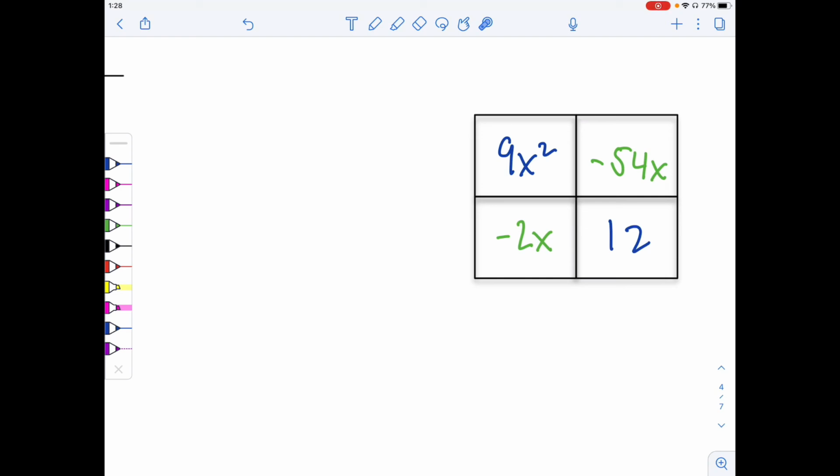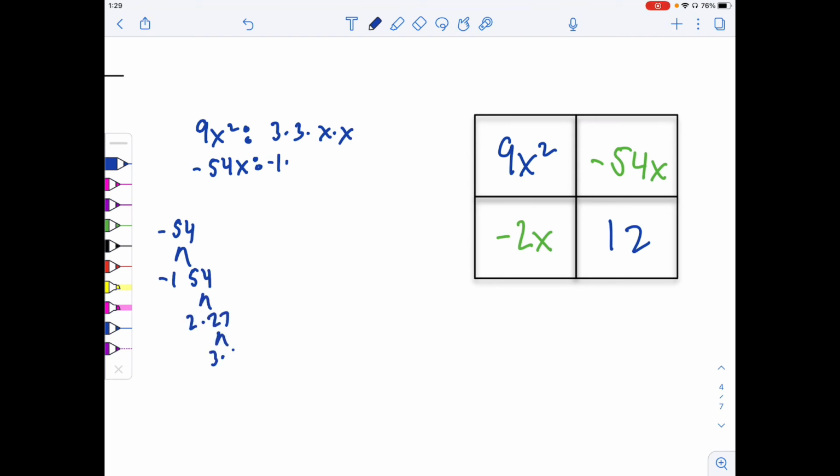Okay, we can kind of see already what's going on. We can write it out. So 9x squared, negative 54x. Common factor of 9. Let's write that out. 9x squared is 3 times 3 times 2 x's. Negative 54 is negative 1 times 54, which is 2 times 27, and 27 is 3 times 9, and 9 is 3 times 3.